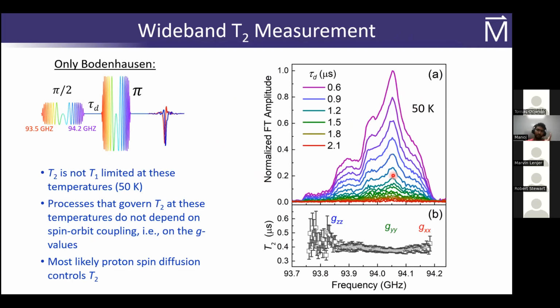Then we can do a similar exponential fit to extract T2. What we observe here is there is no dependence of T2 across the spectra. This is likely because at this temperature, the process governing T2 is not dependent on the spin orbit coupling values or the g values.